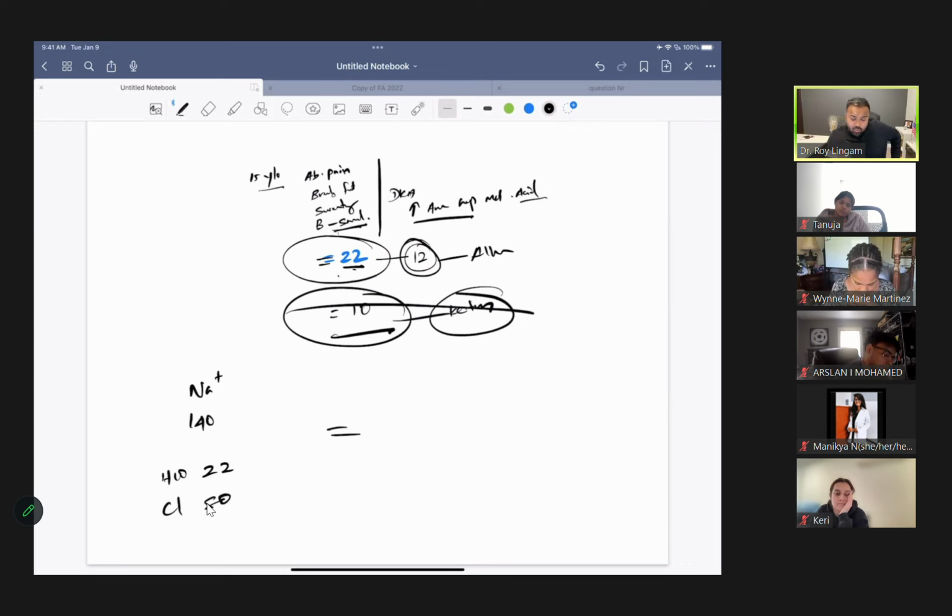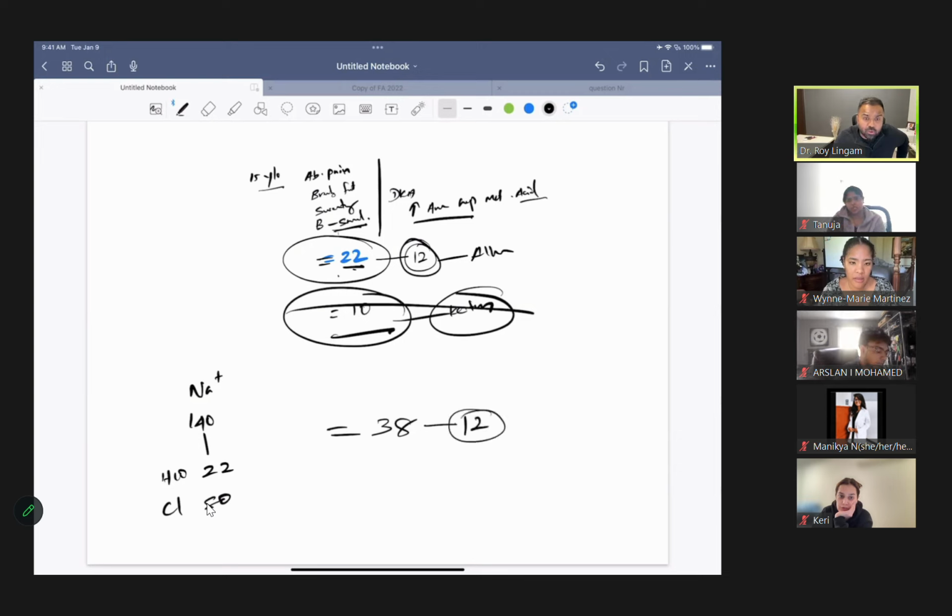So my math will be 140 minus these two, right? So 140 minus 102. That should be 38. Is that clear, folks? Is it normal anion gap or increased? As long as I remember, 38 is higher than 12, right? So that is increased. How much is increased? I want to remove the 12 that belongs to albumin.